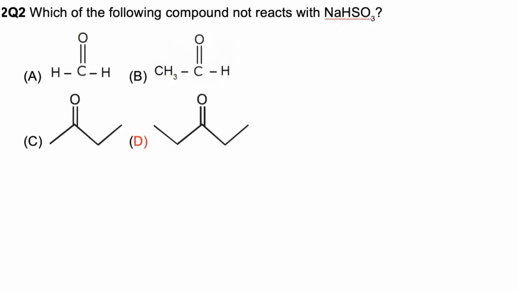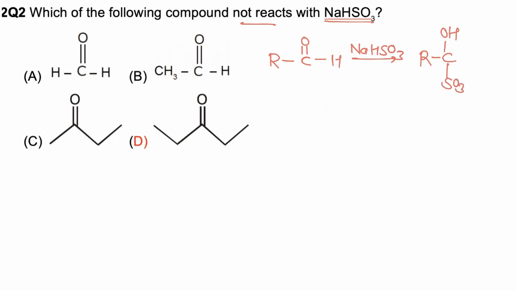In this question we have to find which of the following compounds does not react with NaHSO3. So all aldehydes are less crowded because on one side hydrogen is present. So all aldehydes will react with NaHSO3 to form a salt which is insoluble in aldehyde and ketone.